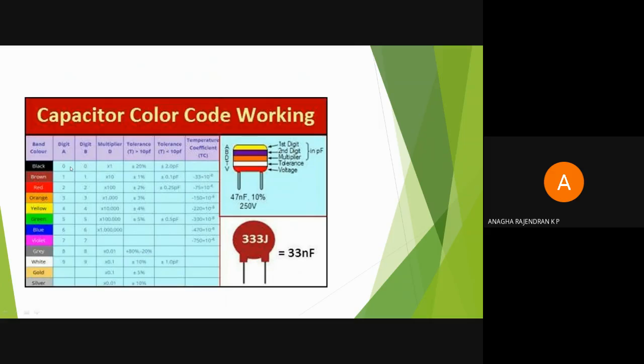One matter to be noticed is that we have to consider the fifth color band also, which indicates the voltage rating of the capacitor. But there are mainly three methods. The first one is direct reading of the capacitor value, the second one is the numeric coding method, and the third one is the color coding method.